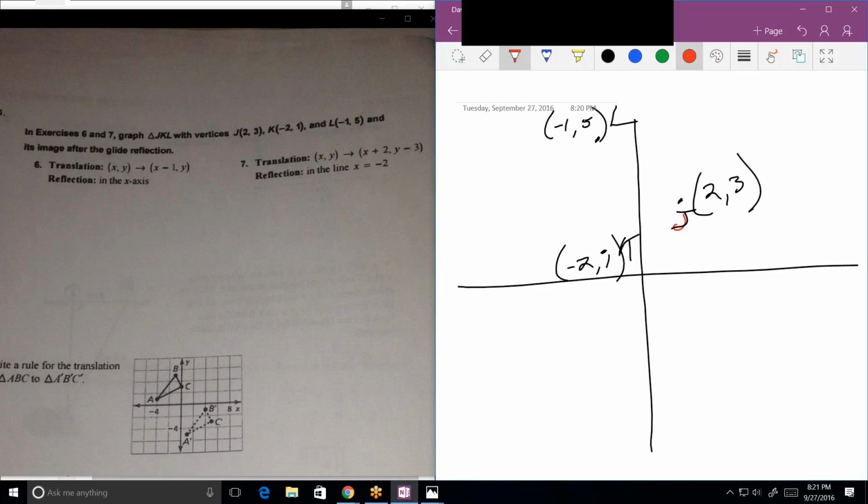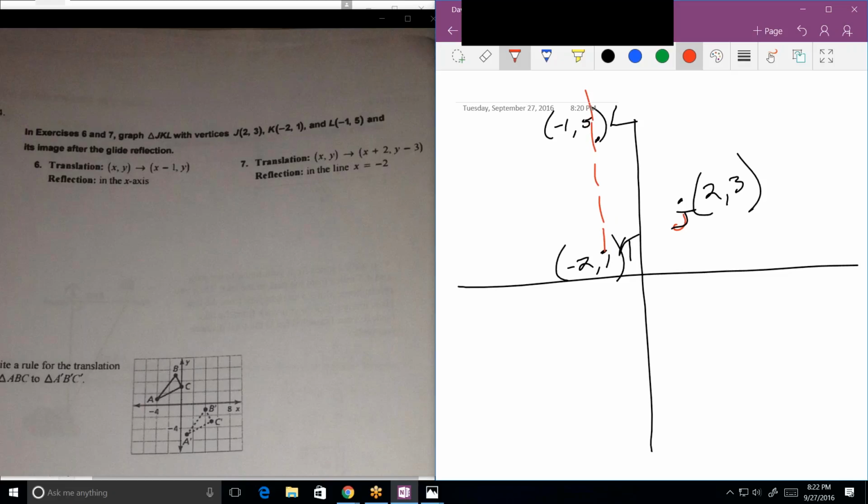Where's the new L? The only thing that changes when you do a... oh, excuse me, my apologies. We're not reflecting over the x-axis. We're reflecting over the line x equals -2. Let me draw that as a dotted line.